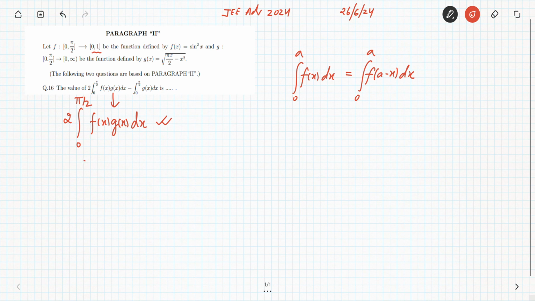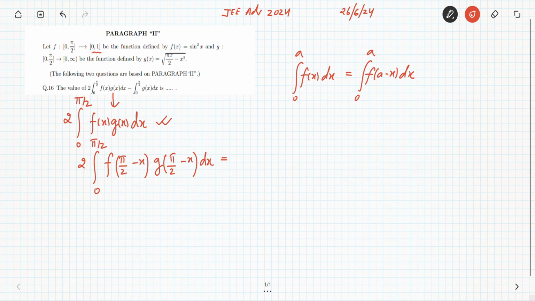So if I write it like this, the integral from 0 to pi by 2, and f of x, that means f of pi by 2 minus x, and g of pi by 2 minus x dx.